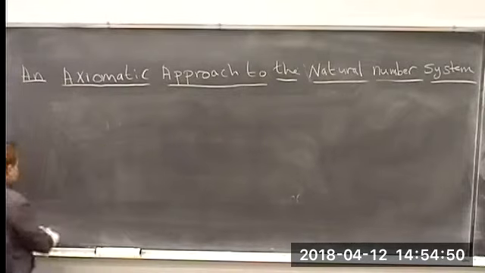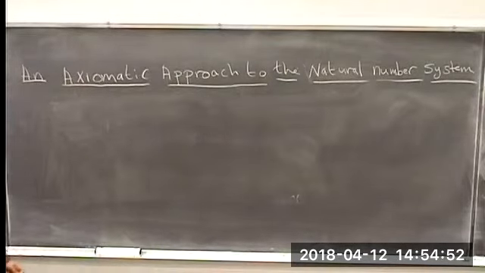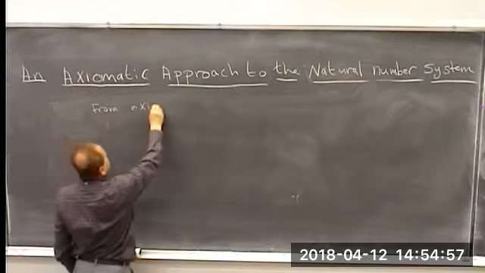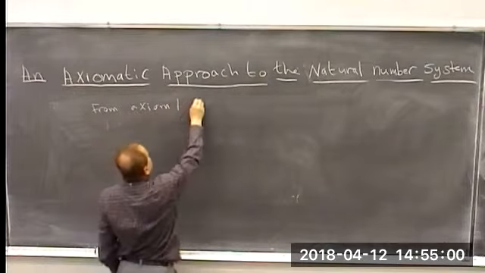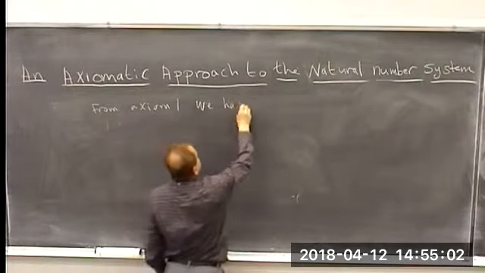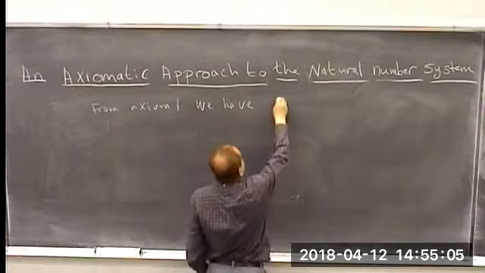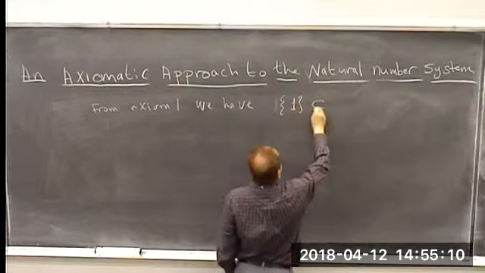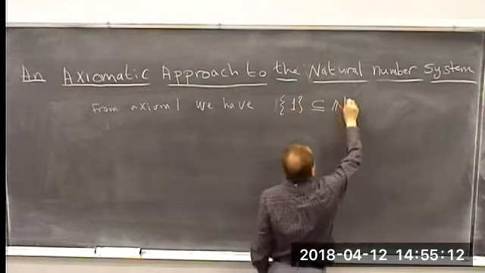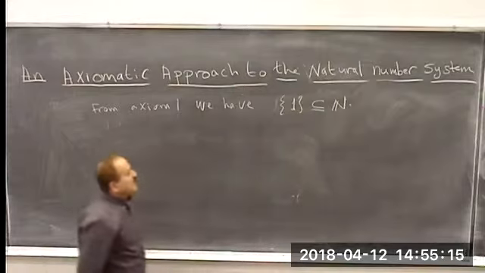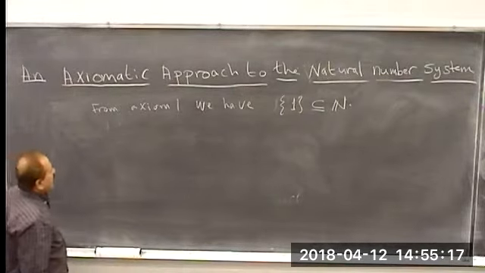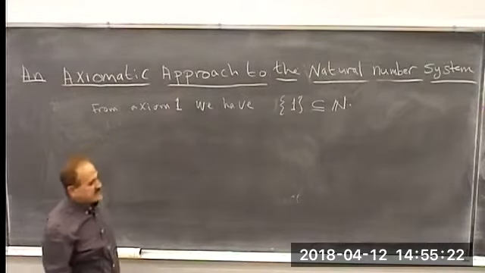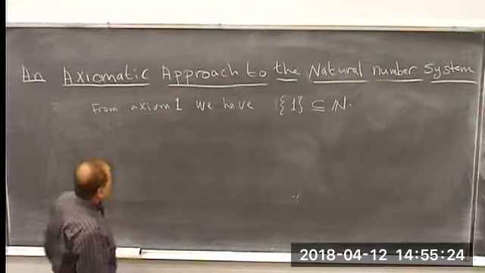And actually, from axiom 1, we have at least 1 is a subset of N. Now let's look at what the second axiom tells us.